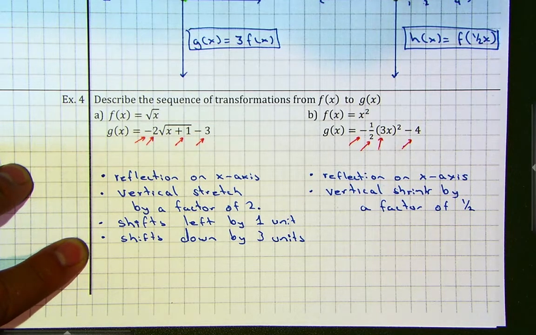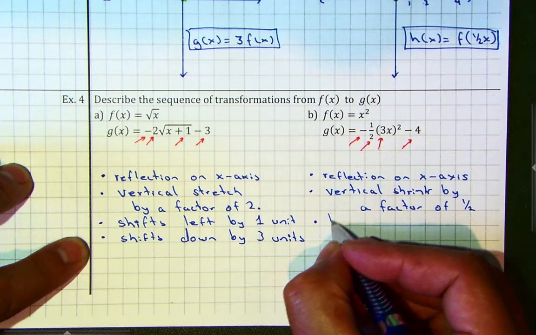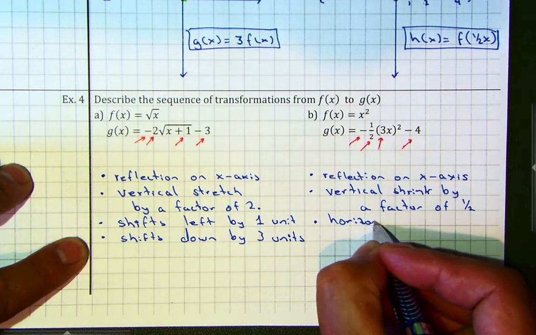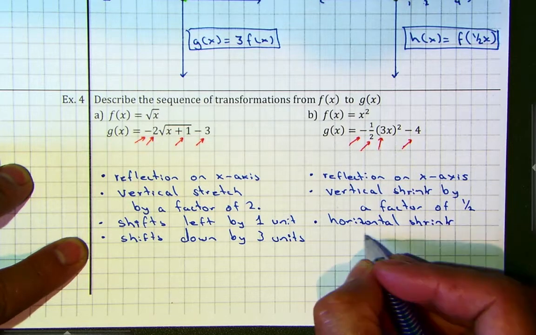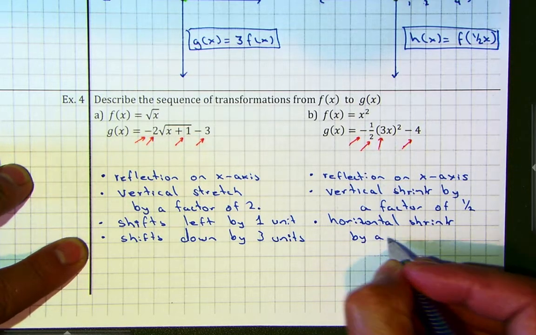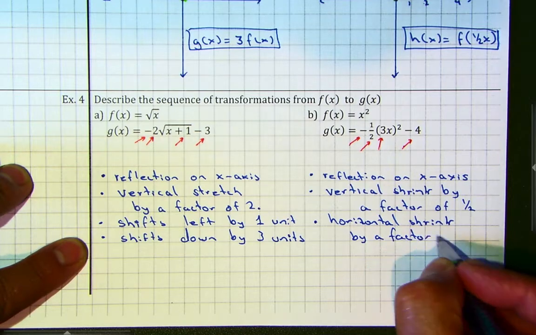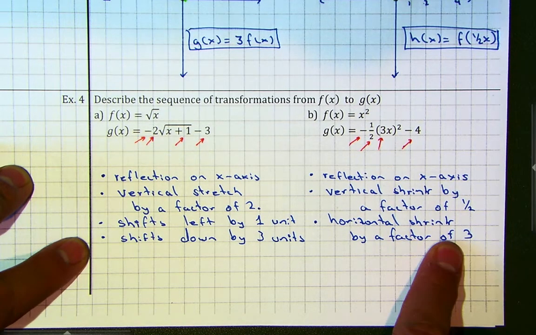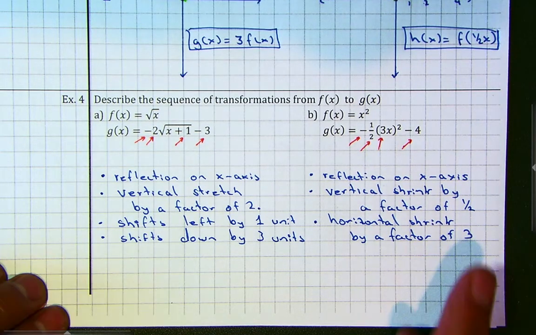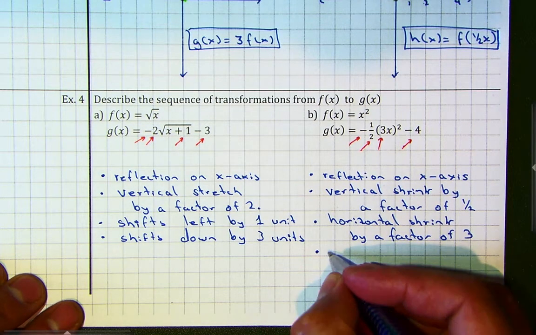It will be a horizontal shrink by a factor of 3. So even though it's going to be a shrink, we also say a factor of 3. And the last one will be shifts down 4.